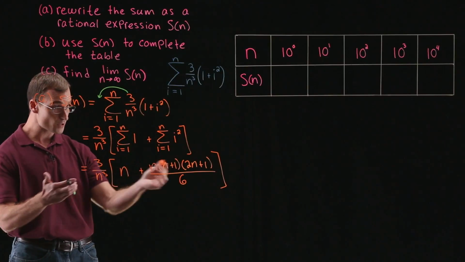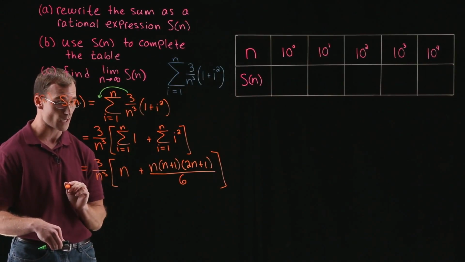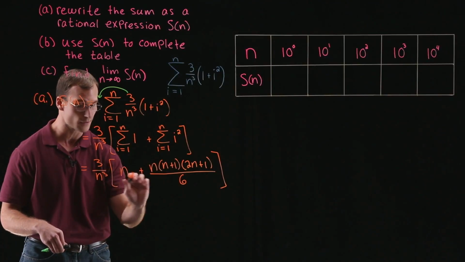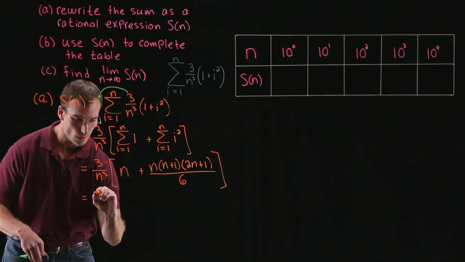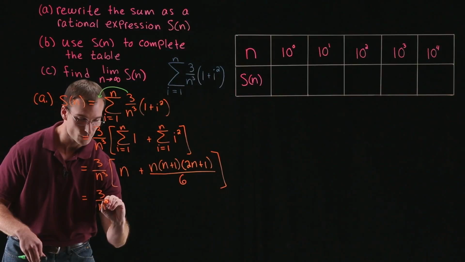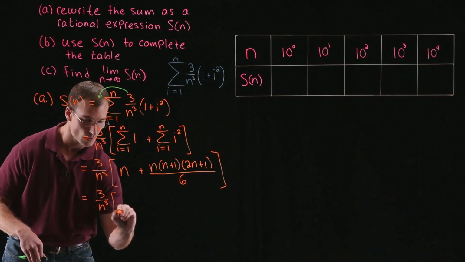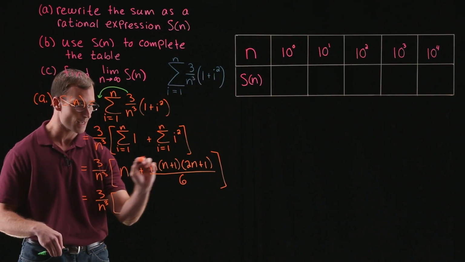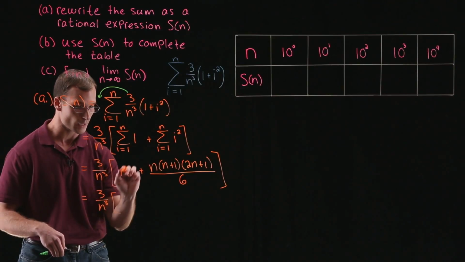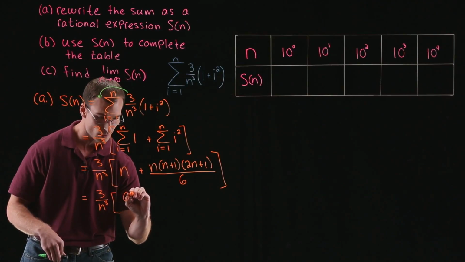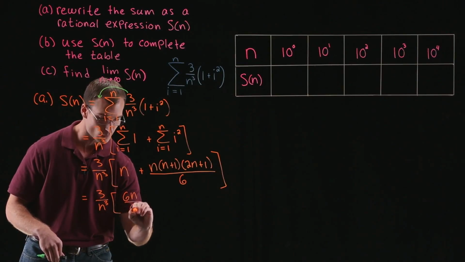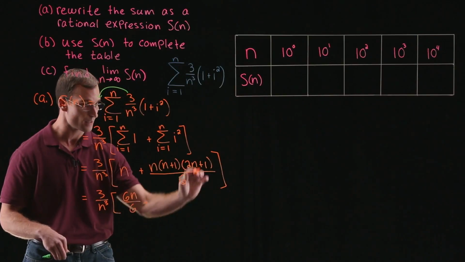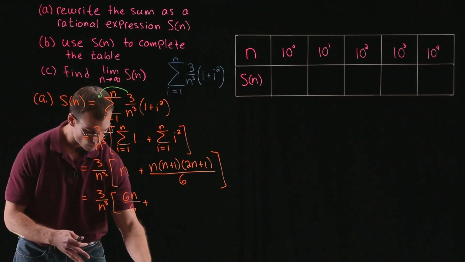So essentially we're on our way towards getting a rational expression, but we're just going to simplify the inside here. So we'll have 3 over n cubed. We want to add n with our part over here. We'll get a common denominator, so we can take top and bottom times 6, or 6n over 6. And we're going to add it with this expression here.